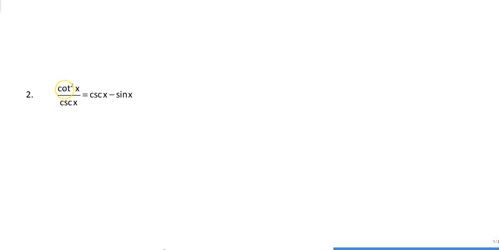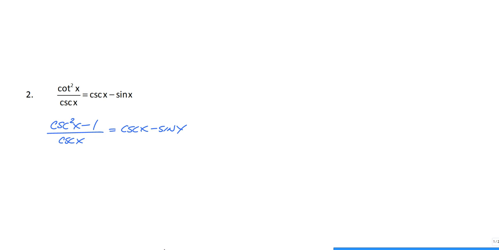So again, cotangent squared x is equal to cosecant squared x minus 1, and that's all over cosecant x. And we always have to set it equal to the guy on the right. Now, one thing that you are allowed to do is split fractions when the plus or minus is in the numerator.